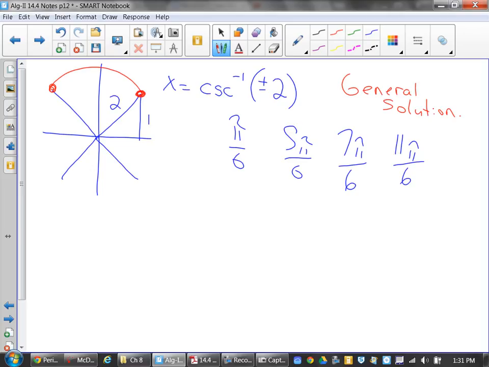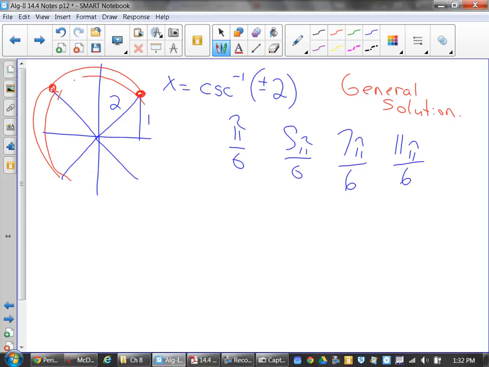Is it the same amount to get from here to here? Yes. To go from pi over 6 to 5 pi over 6 is how many? 4 pi over 6. To go from 5 pi over 6 to 7 pi over 6 is not. It's 2 pi over 6. They're not equidistant. The distance on the arc from here to here is not the same as from here to here. Everybody okay with that? It's congruent to its opposite side.